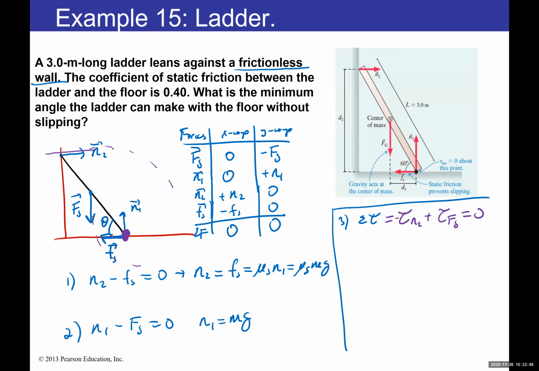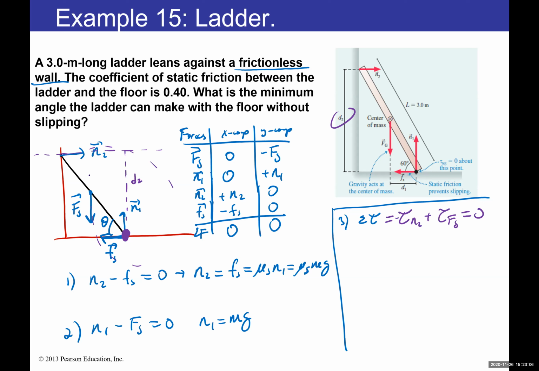So if I extend this normal force N2, then the direct closest distance from the pivot point to it, let's call this D1, or sorry, it is D2. So let's call this D2.